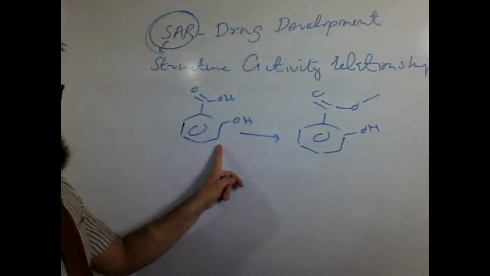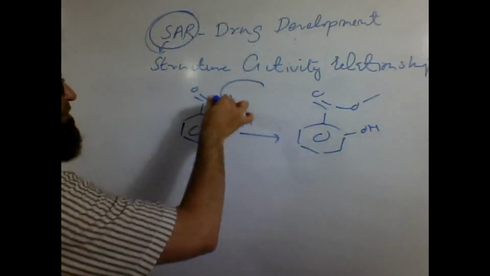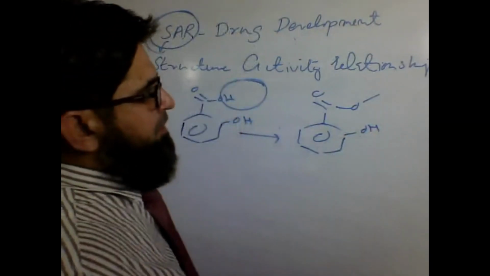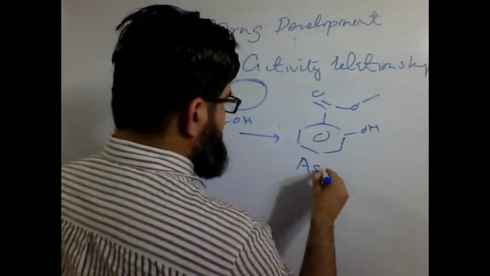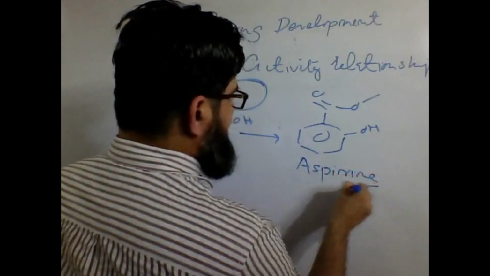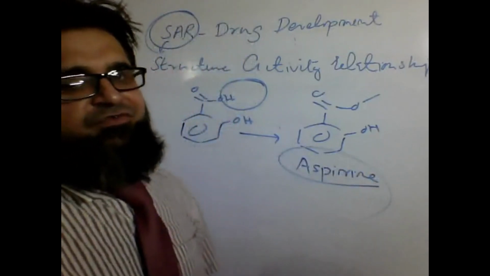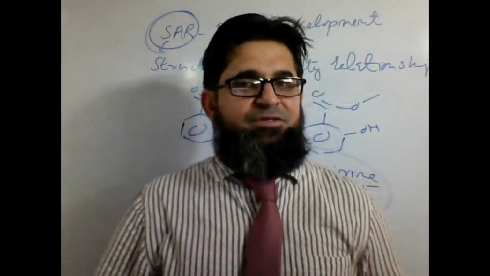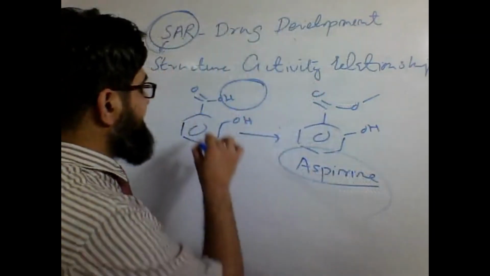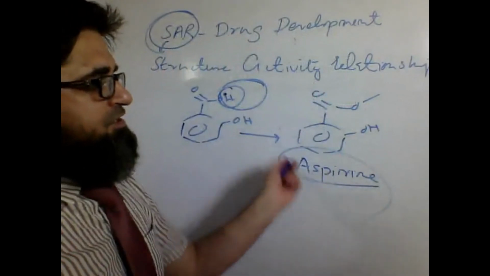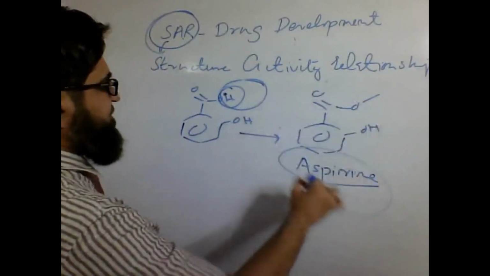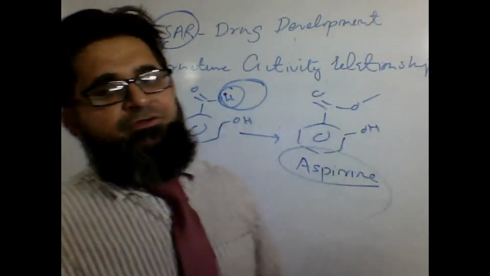Salicylic acid, with a minor change, acetyl salicylic acid, has become aspirin, a very frequently used medicine. What has been done? A simple change in its structure has given you an active compound, an active pharmaceutical product. So this is what I'm trying to convey.